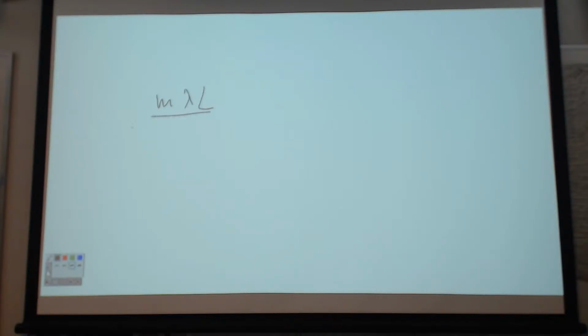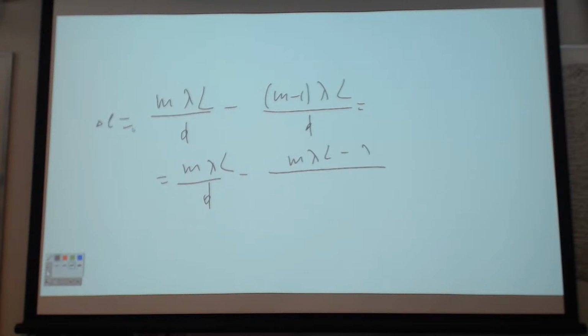m minus 1 lambda L over d. So how do you treat the parentheses? It would just be lambda L over d equals delta L. And now, what do you do about this long fraction bar?